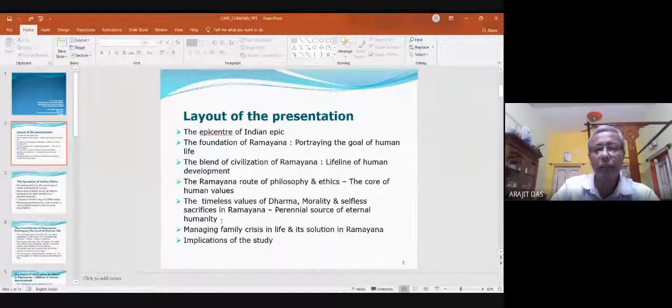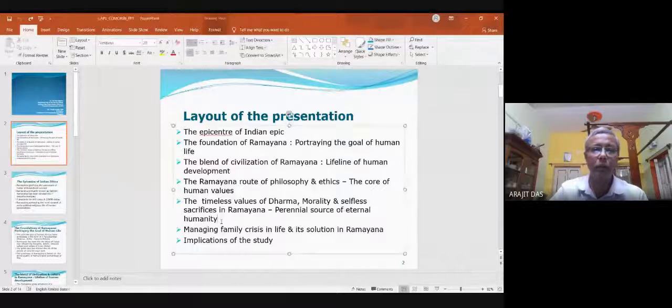Then the Ramayana root of philosophy and ethics. Next, the timeless values of dharma, morality, and selfless sacrifices in Ramayana. Then the most important thing, managing family crisis in life and its solutions in Ramayana. And last, the implications of the study. In this way, I will be presenting my paper in brief.